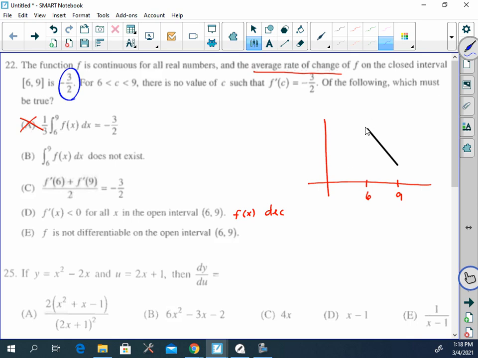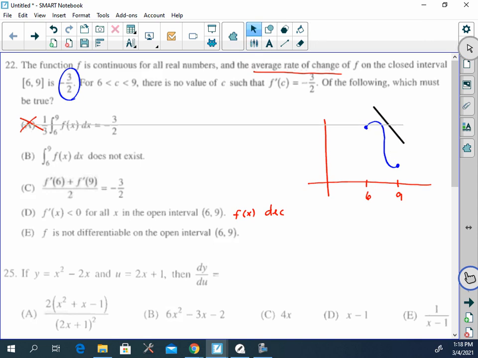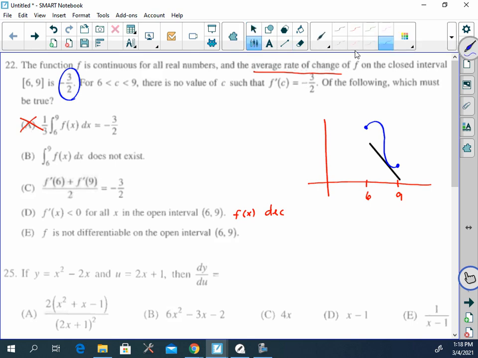That would mean that it starts somewhere and it ends somewhere, and if I did a secant line from here to here, it would have a slope of -3/2. But it says there's no value of c where the slope is equivalent to that. If we remember, the mean value theorem says if the slope from here to here is something, and we have a continuous and differentiable function, there has to be another spot where the slope is equivalent to that. But it's saying here that it's not. And we know the function is continuous for all real numbers, so it must not be differentiable everywhere.